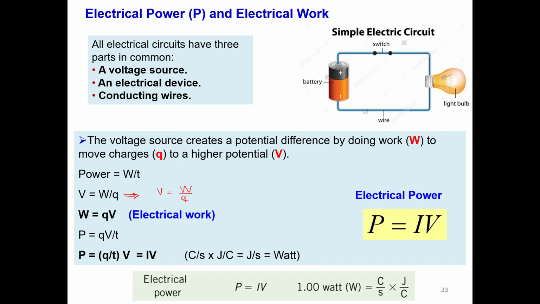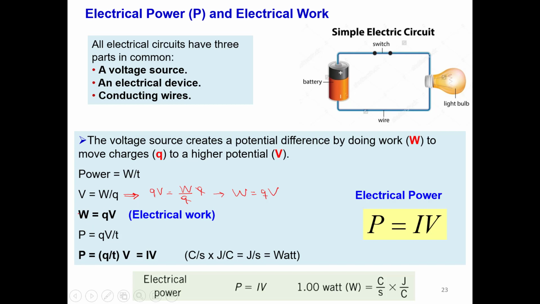If we want to solve for the work, we need to multiply by the charge on both sides. We can cancel out, and finally we have work equals charge times voltage. And this is the electrical work.